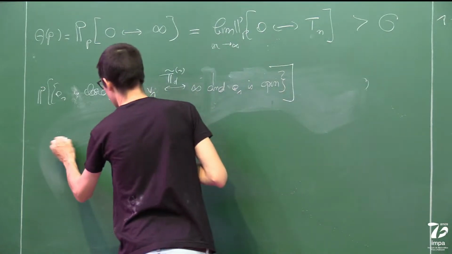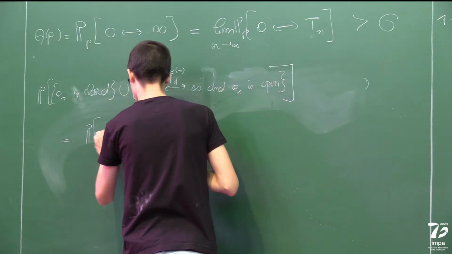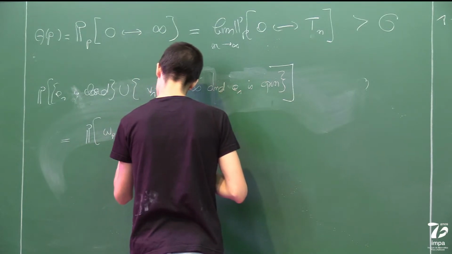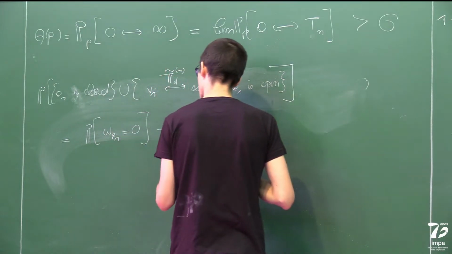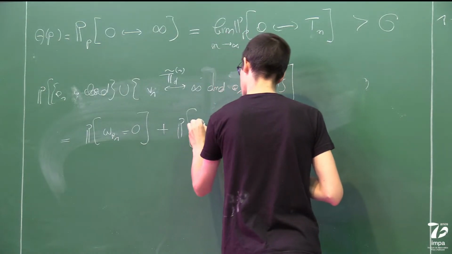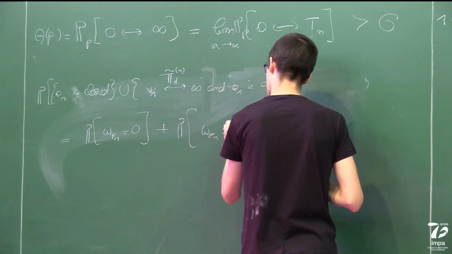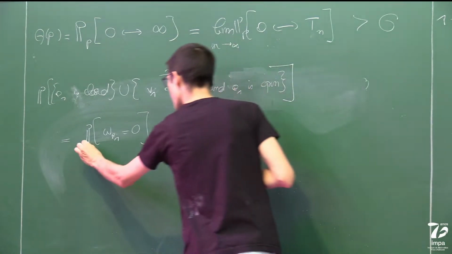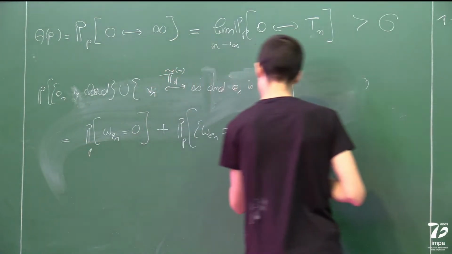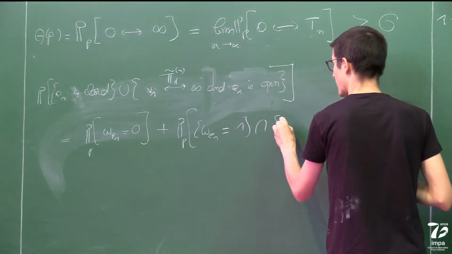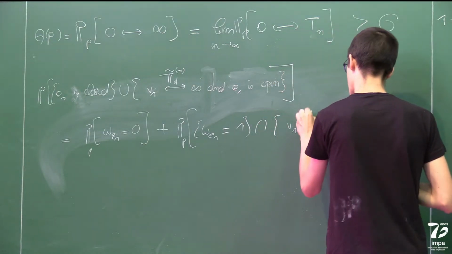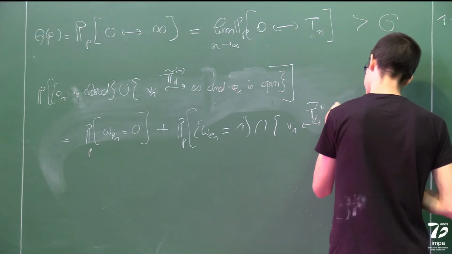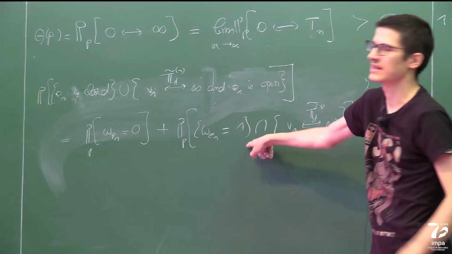So this is just the probability that E1 is closed, the probability that omega_E1 is equal to 0, plus the probability that omega_E1 is equal to 1 and V1 is not connected to infinity. Now these two events are independent.